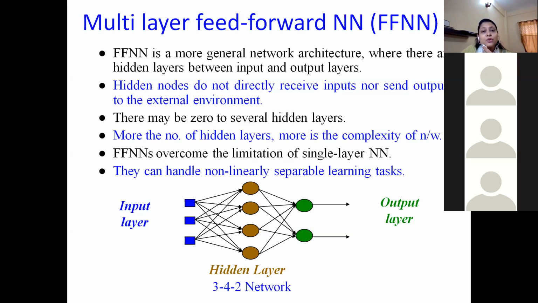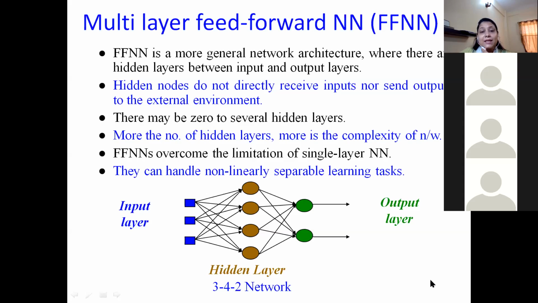The hidden nodes present in the hidden layers do not directly receive inputs or send outputs to the external environment. For doing so, we need to rely on the input layer as well as the output layer.